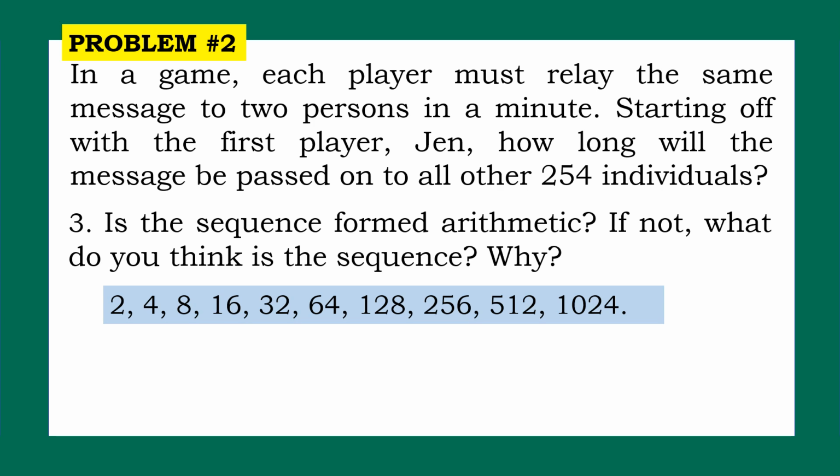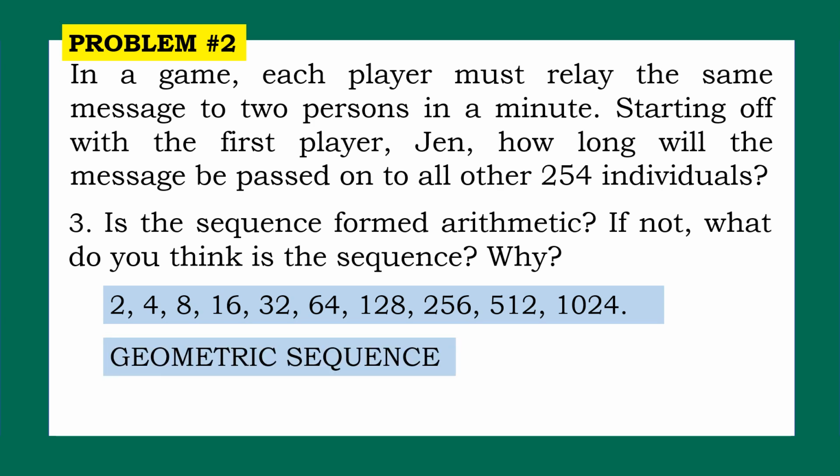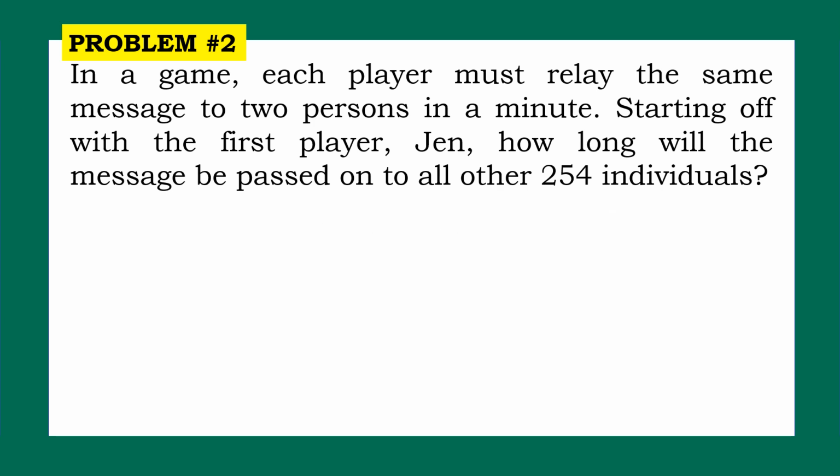This means that each term after the first is not found by simply adding the same non-zero constant to its preceding term. In fact, as we mentioned above, each term after the first is determined by multiplying a non-zero constant, which is 2. So, in this case, this is what we call a geometric sequence.